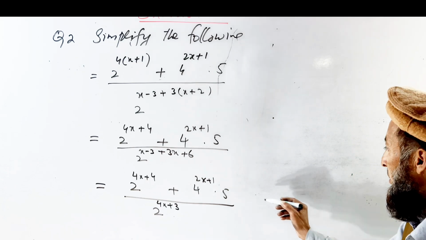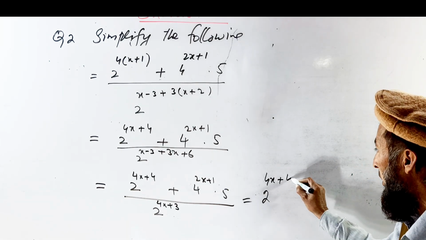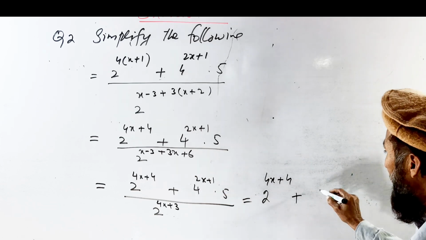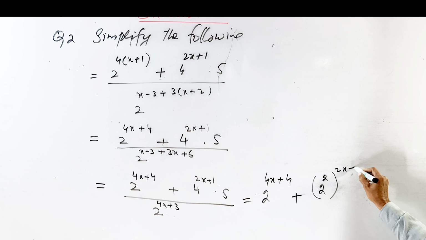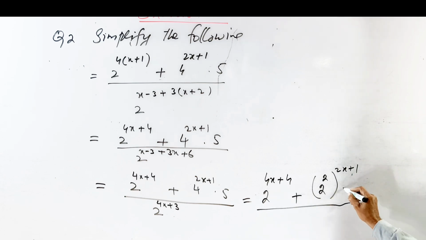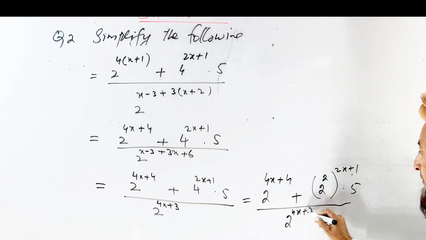We can write 2^(4x+4) plus, this 4 is required, we can write 2 power 2 and 2x plus 1, divided by 5 and 4x plus 3.